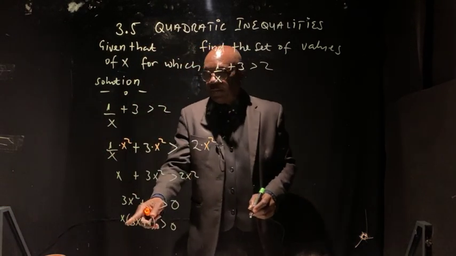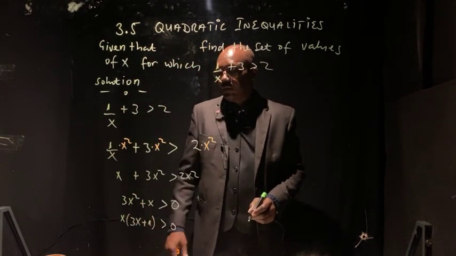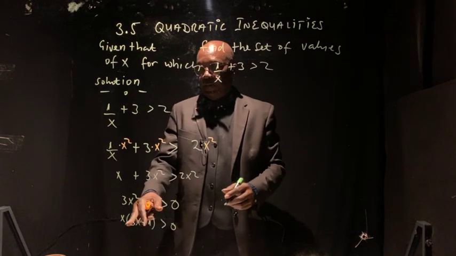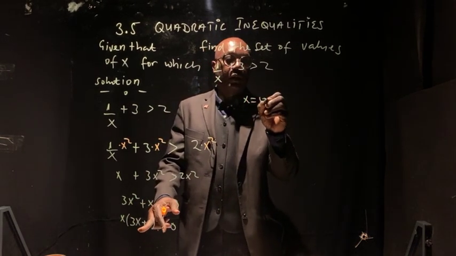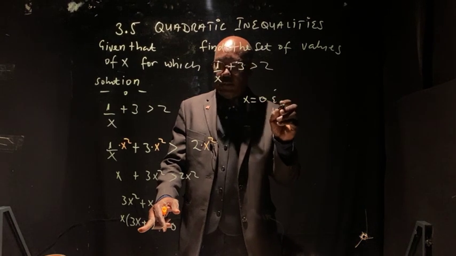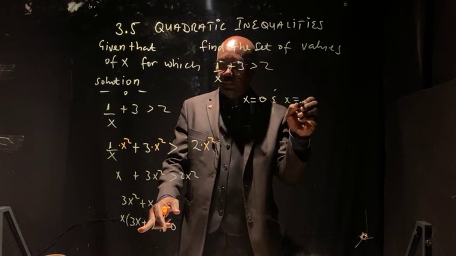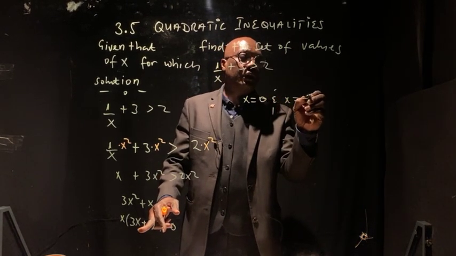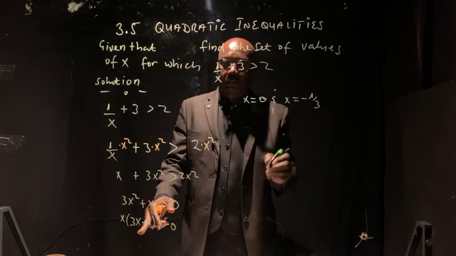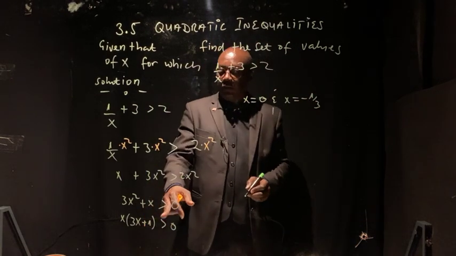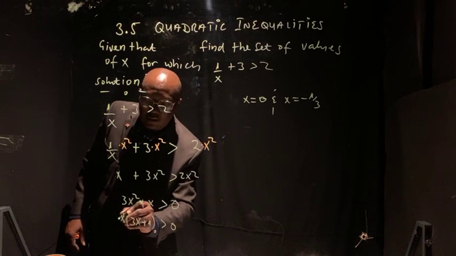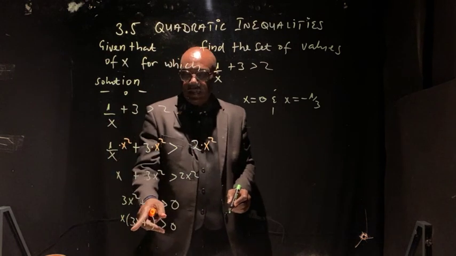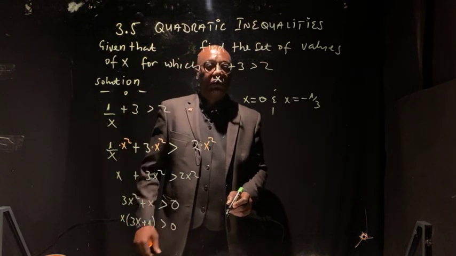Which has the factors of x equals to 0 and x equals to negative 1/3. But we can see that if this is f of x, this part is f of x, then we see that f of x is greater than 0.